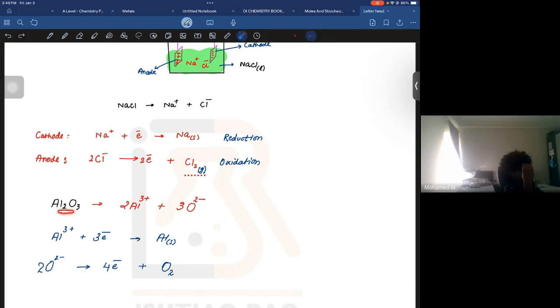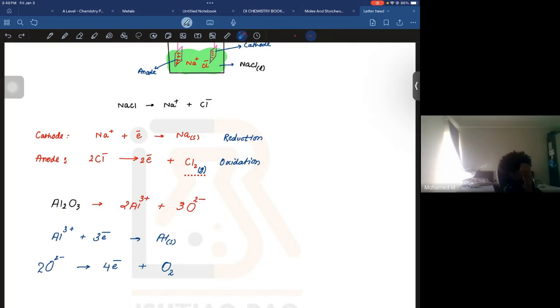This is Al2O3, so that's why it's 2Al and three oxygen. That's why I have written 3 oxygen. The charge is something else and the coefficient is something else. The coefficient is 2, but the charge is 3 plus.